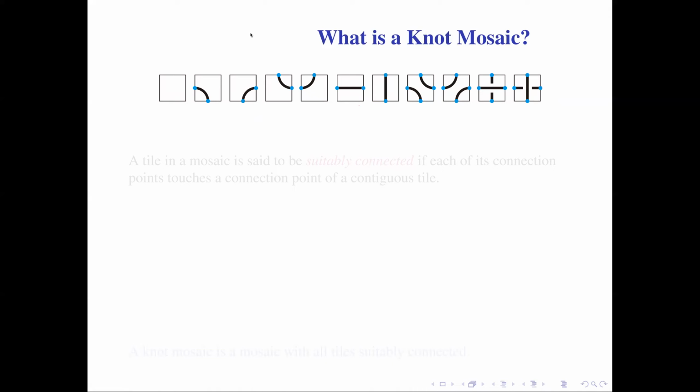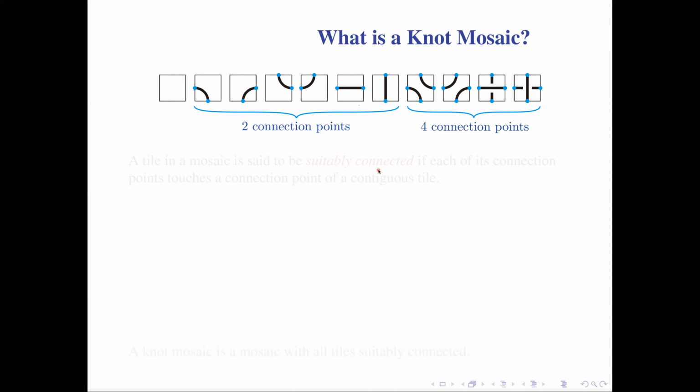Then you can check each tile has either 0, 2, or 4 connection points.